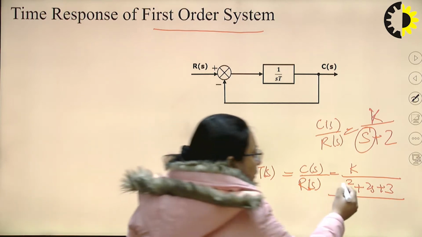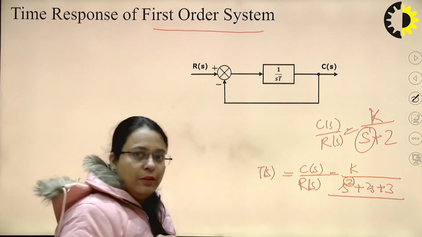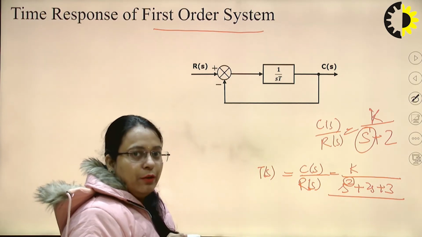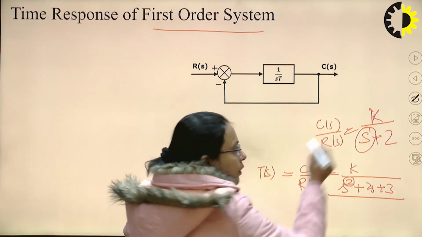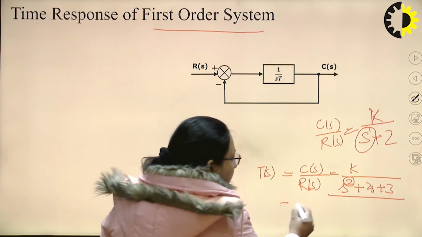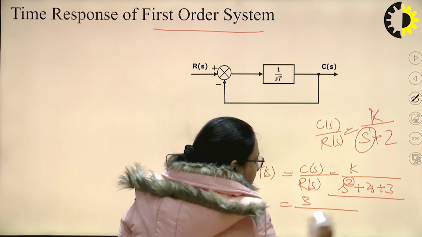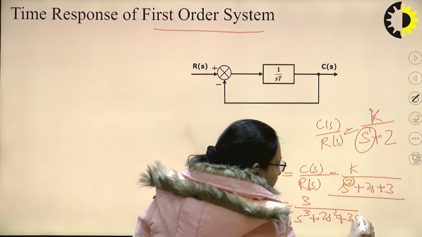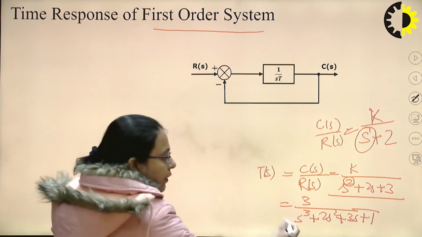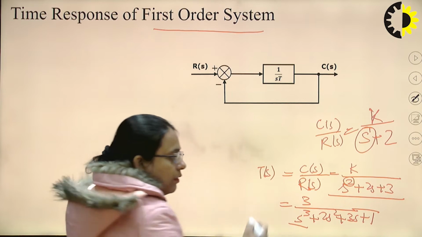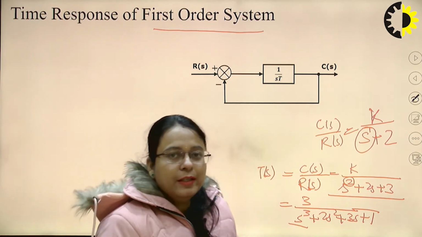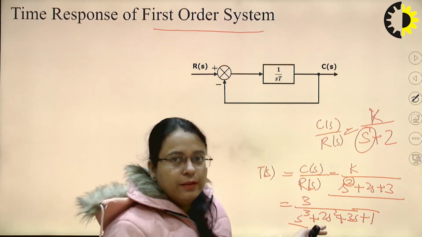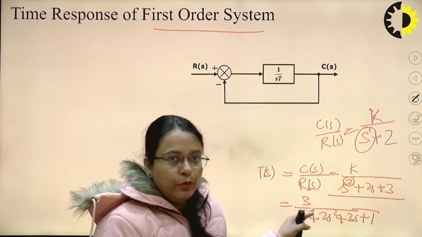Because here the highest power of s in the denominator of the transfer function is 2. Similarly, we can define a third order system like this, since the highest power of s in the denominator of the transfer function is 3. So like this we can define the order of any particular system.